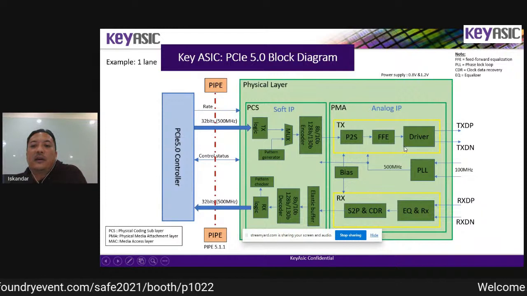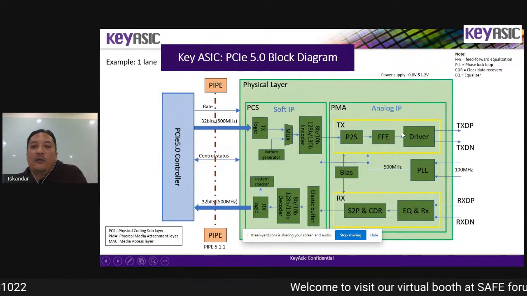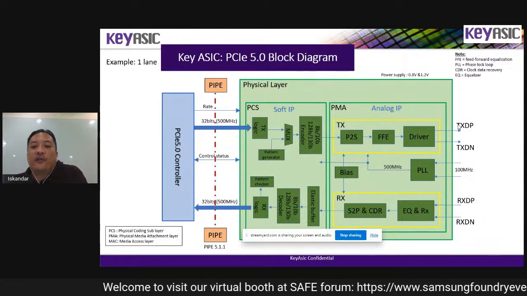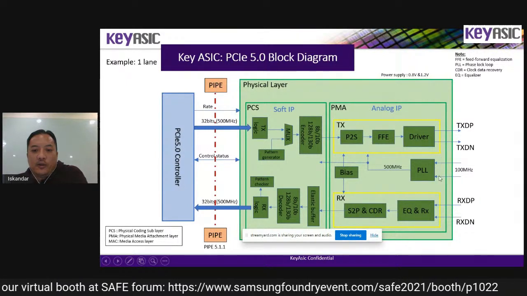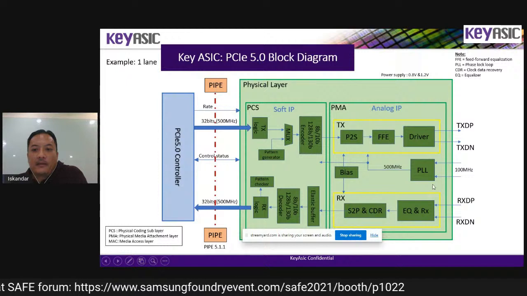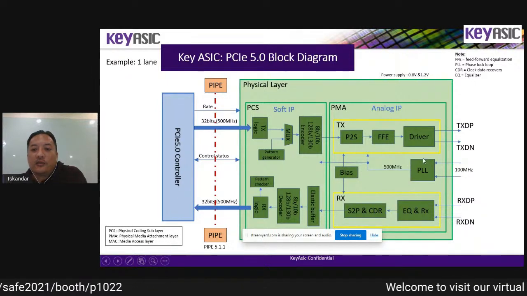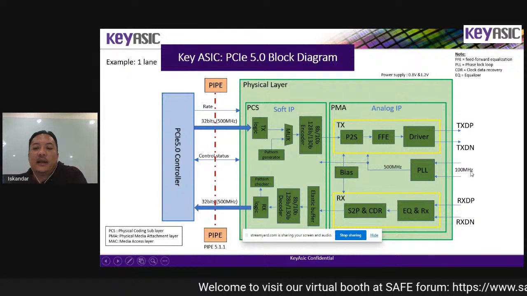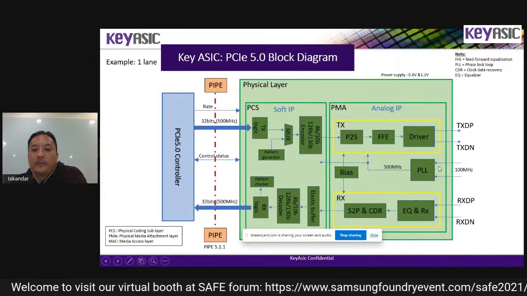In this driver we implement a low power driver, using a hybrid method for low power. Then this TX and RX will be controlled by the same bias in the common block, and also the PLL, which converts the 100 megahertz external signal to a 500 megahertz signal.